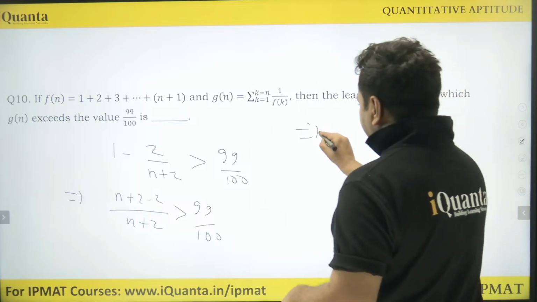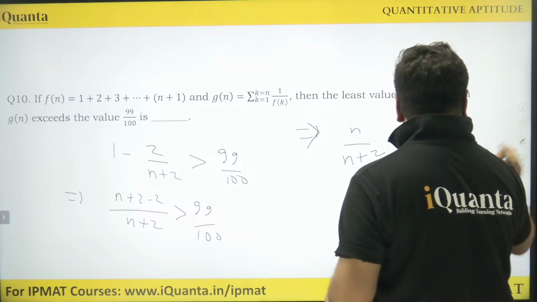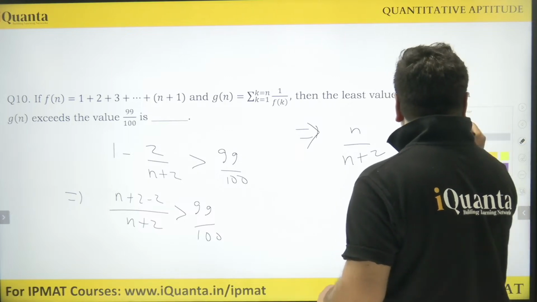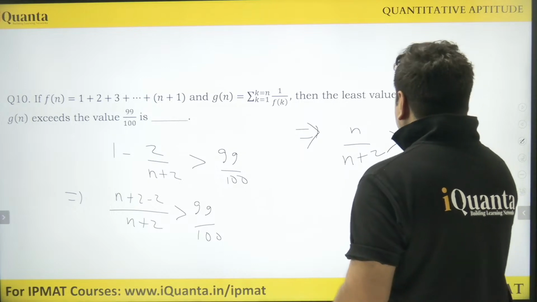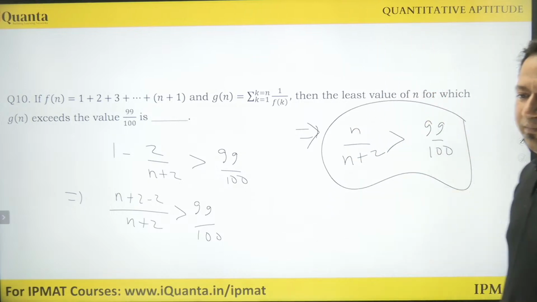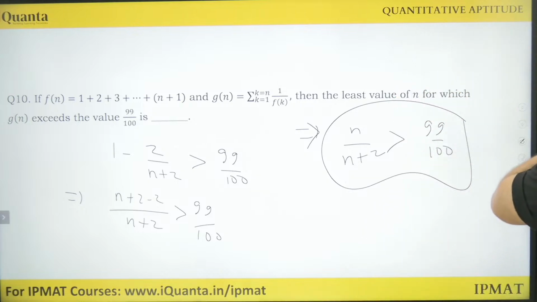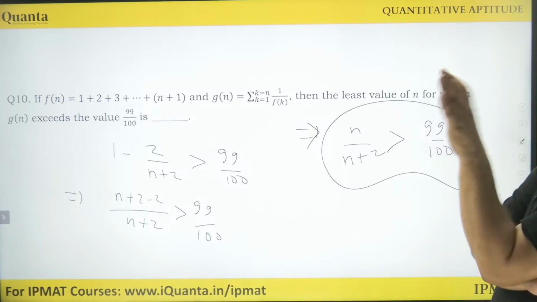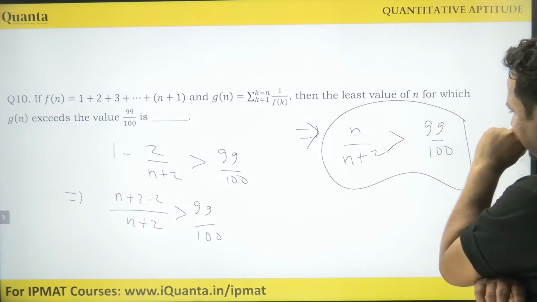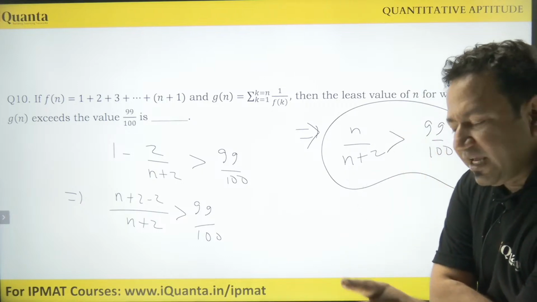We have n upon n plus 2 greater than 99 upon 100. Now we can use a bit of logic and observation to get the answer. This is 99 by 100. We need to exceed this. Okay, now listen to me carefully.